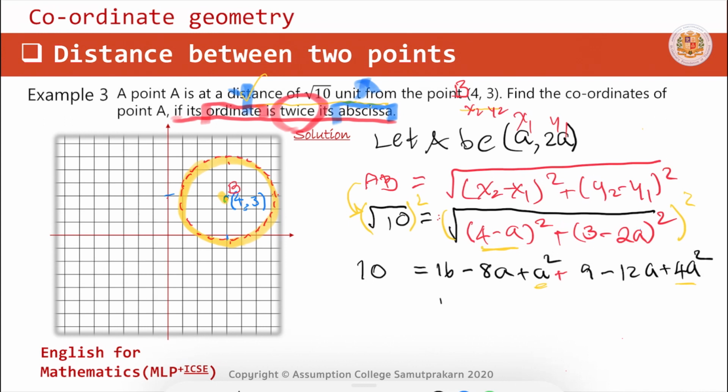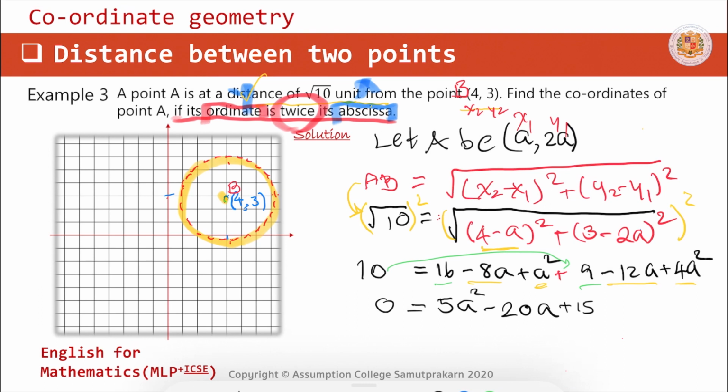And then negative 8a here with negative 12a becomes minus 20a, and 16 here plus 9 will be 25, then minus 10 will be plus 15, equal to 0. So divide by 5.